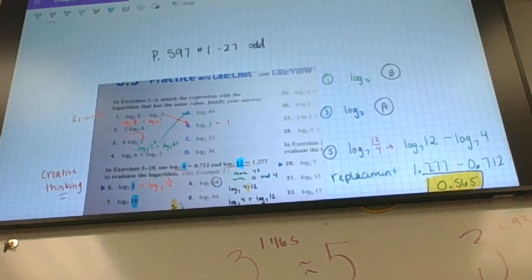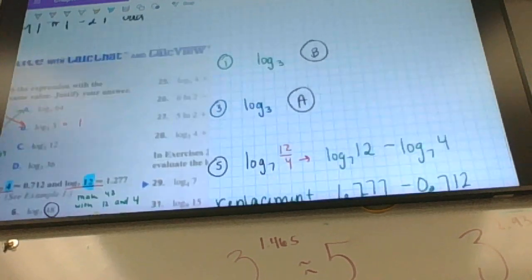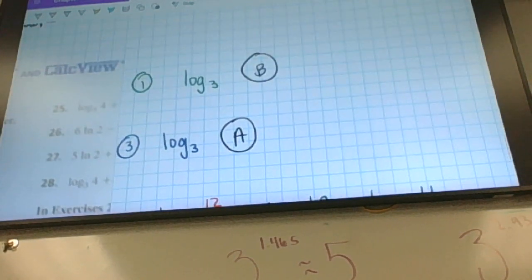How about 1, 3, and 5? Or how about just 1 and 3? Does anybody have any questions about 1 and 3?